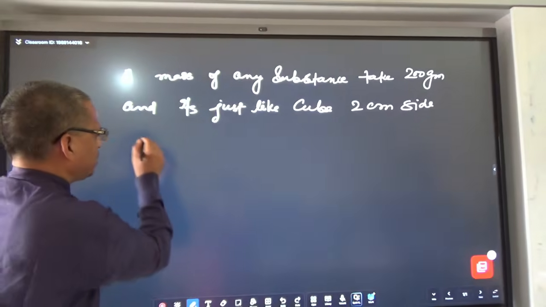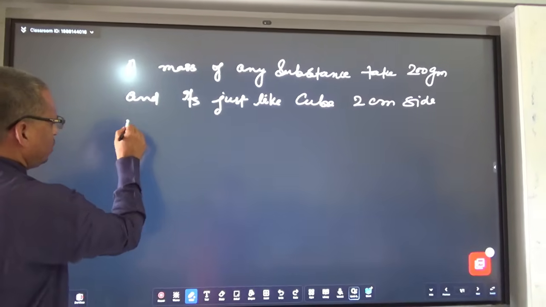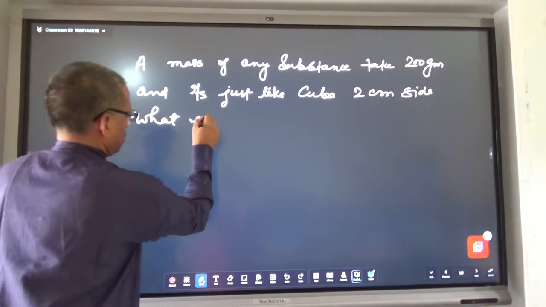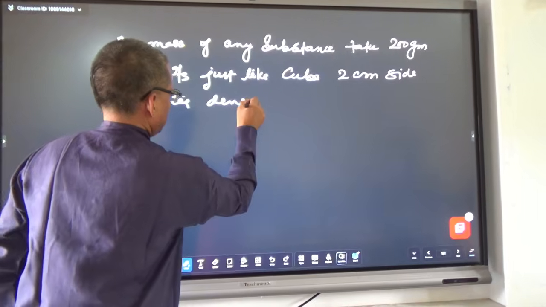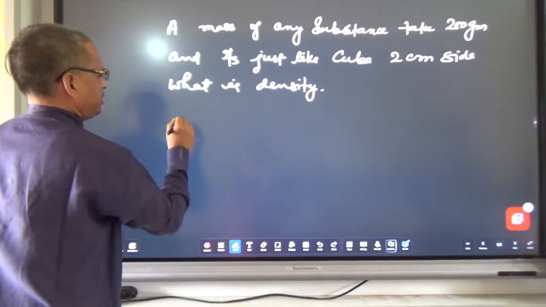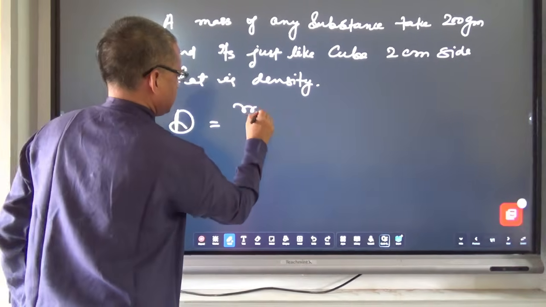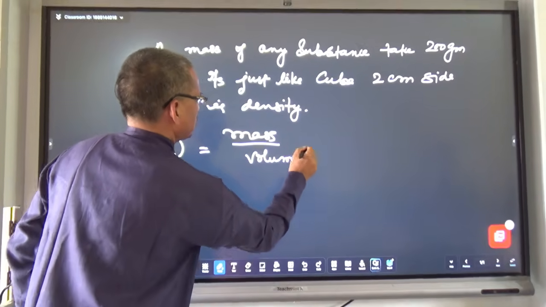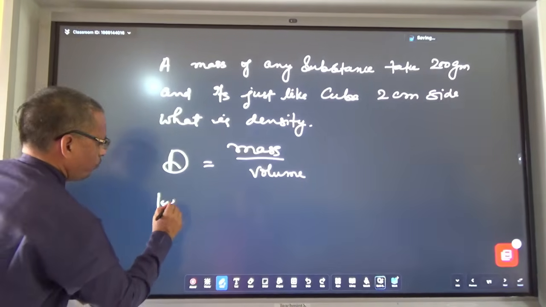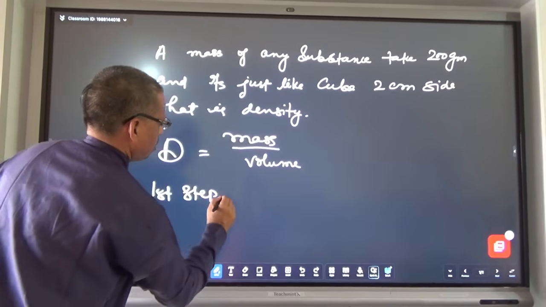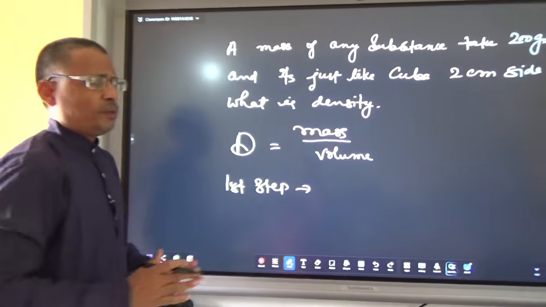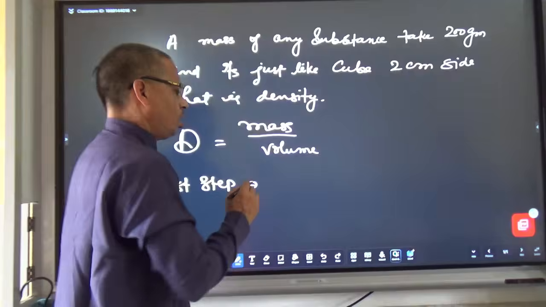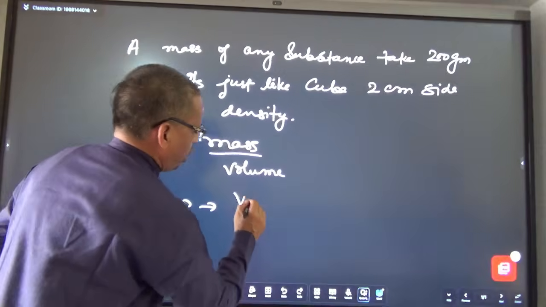The question is, what is the density? The previous day I said density equals mass upon volume. The first step is to find out the volume.